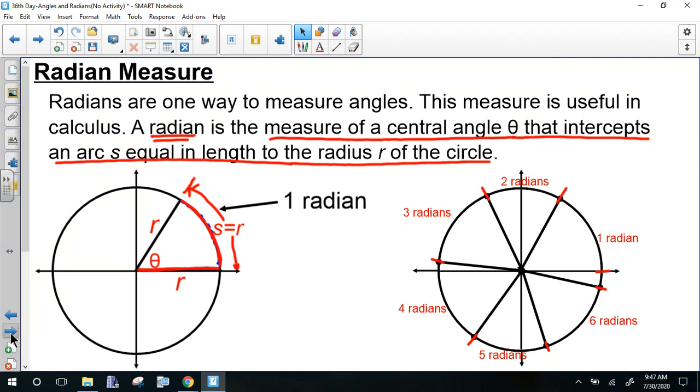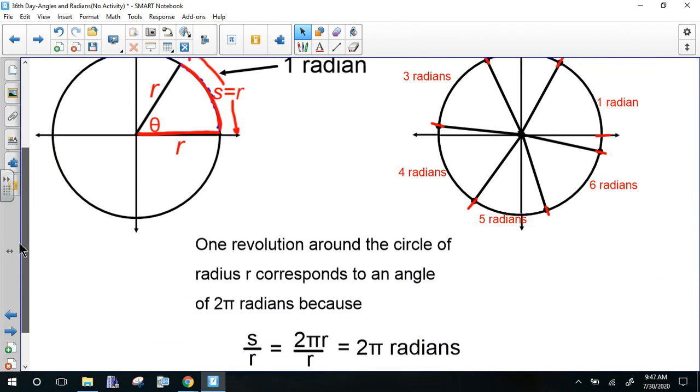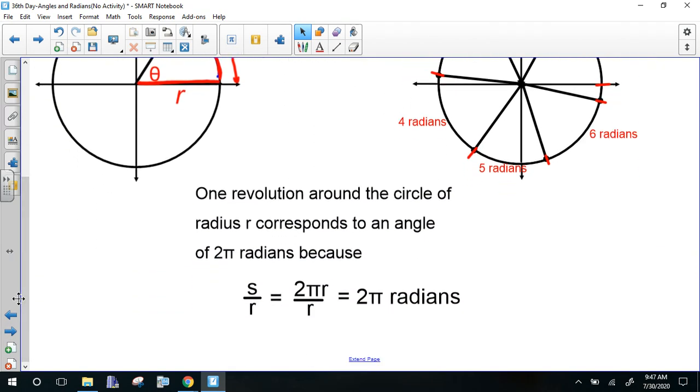And in a full circle, there are a little over 6 radians. 6.28 to be exact. Okay, that's going to come into play here soon. So 1 revolution around the circle of radius r corresponds to an angle of 2 pi radians, because 2 pi r is the circumference of the circle, and if you divide that by the radius, you're left with 2 pi radians.